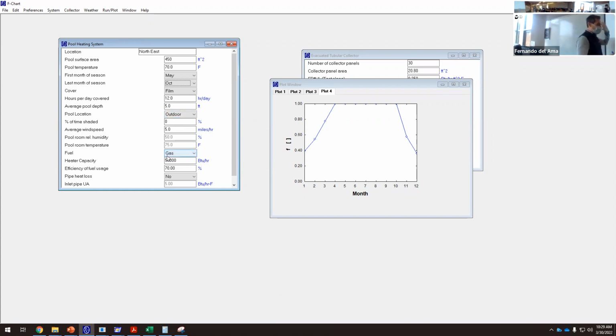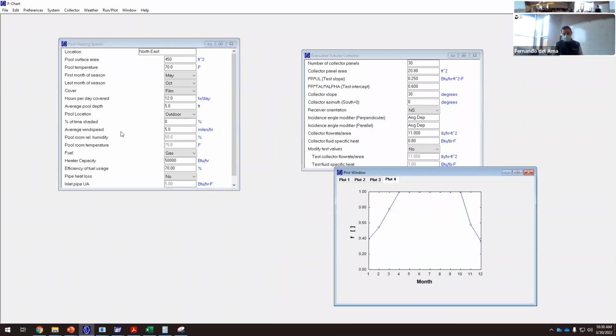The system considers that you want to keep the pool temperature at 70. We don't want that. We just want to release the excess of the heat that we have. So that doesn't matter. It's fuel, gas. Okay, so I think we're done with this.